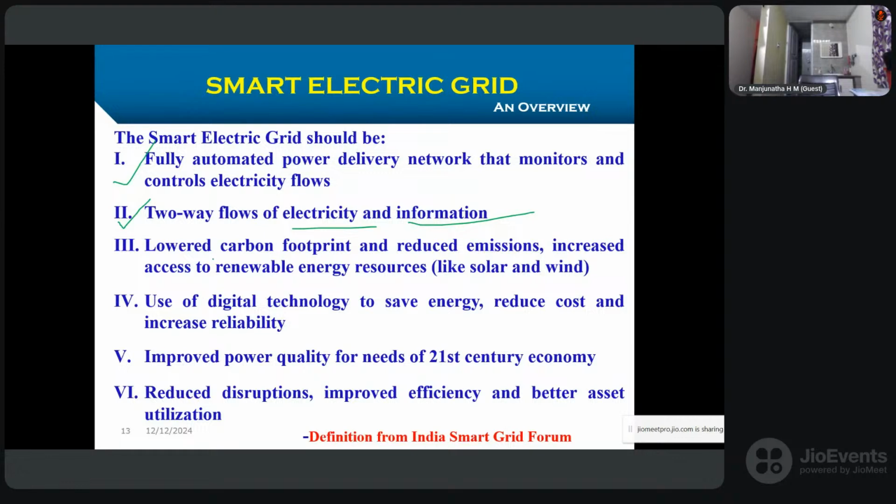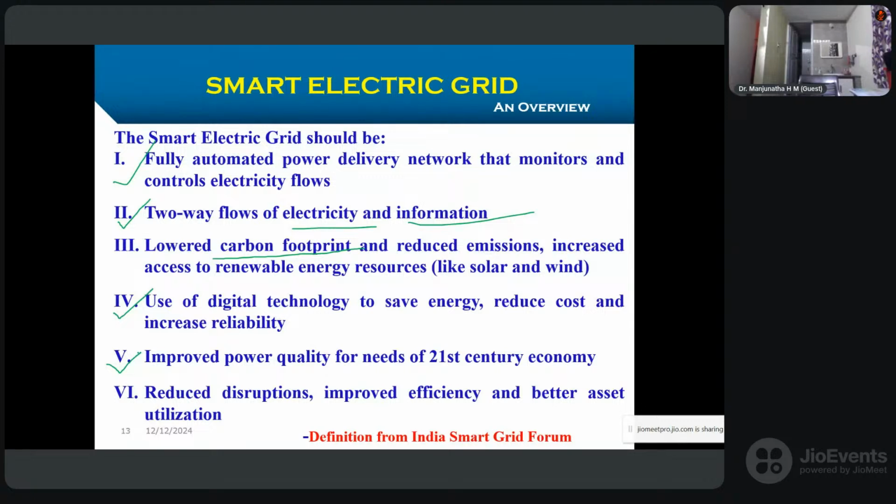And it should be more and more environment friendly. That is, it should have a lower carbon footprint, and we should be having digital technologies. I'm talking about how we are going to process the data, how we are going to take the decisions. So we should be having adoption of these digital technologies in the power network, and we should be having improved power quality. We should not be having low voltage or high voltage, or any kind of interruptions.